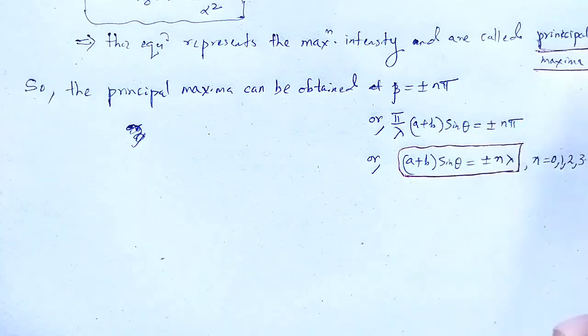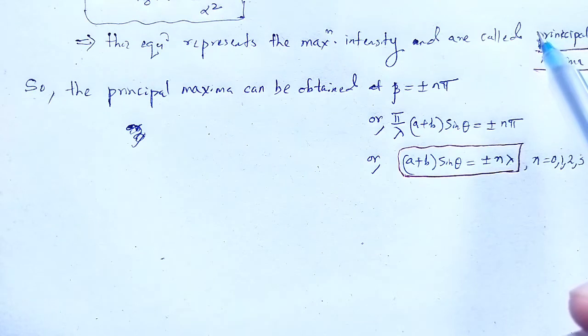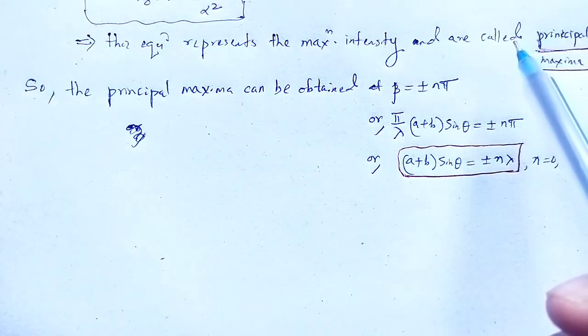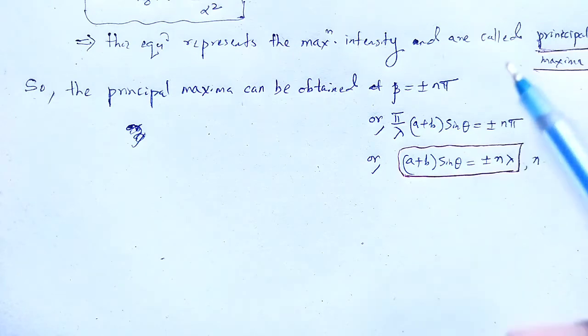So, for principal maxima there is no importance of the number of slits. The positions of the principal maxima are independent of the number of slits for a given grating element a plus b, the width of each slit plus the distance between two consecutive slits.